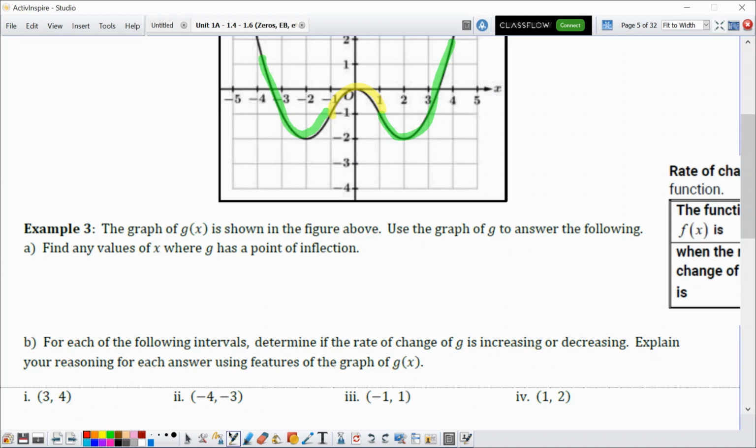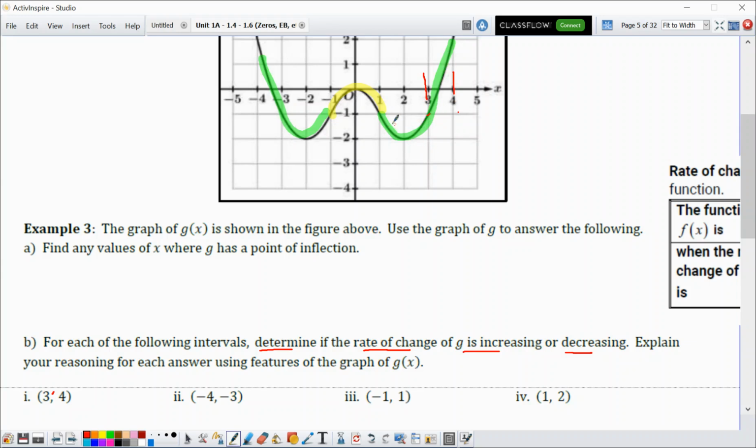Let's read the question back carefully: for each of the following intervals, determine whether the rate is increasing or decreasing. Explain your reasoning using the features of the graph. So between 3 and 4.